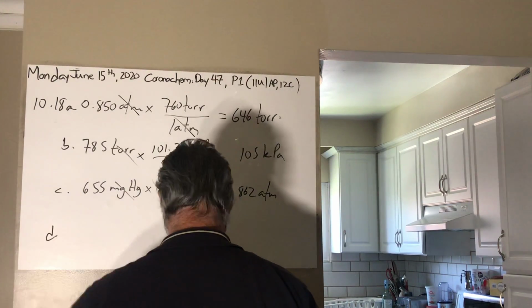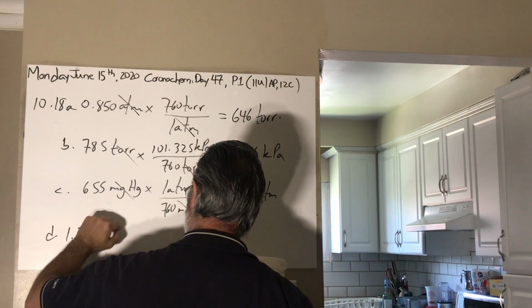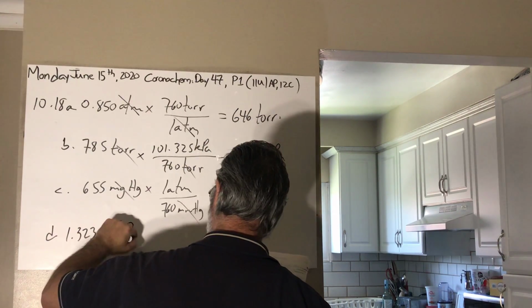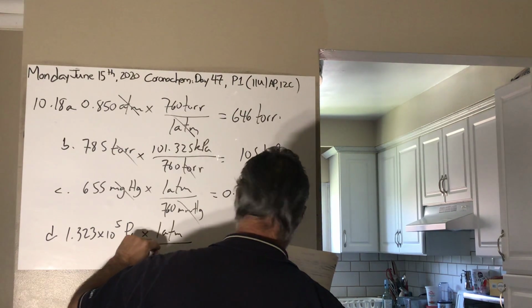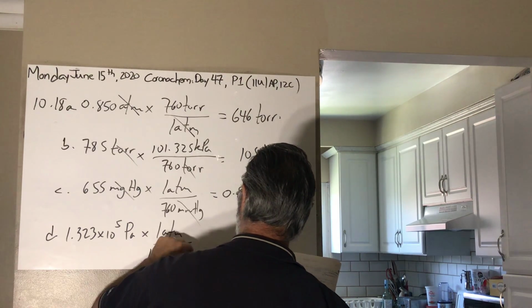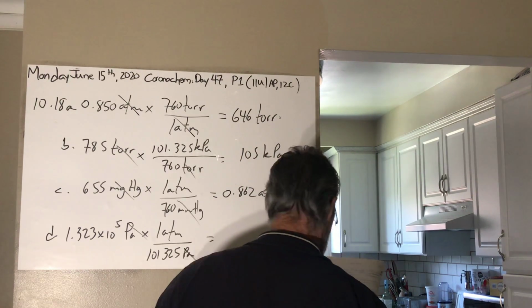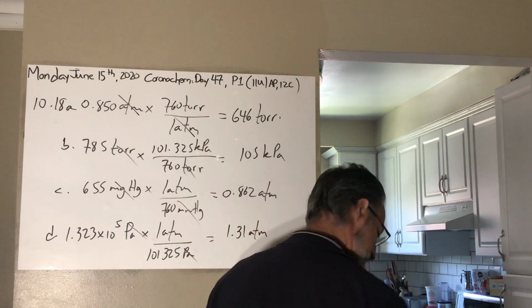D, you have 1.323 times 10 to the power of 5 pascals, and you want to convert it into atmospheres. There's 1 atmosphere for every 101,325 pascals. Pascals cancel, and you get an answer of 1.31 atmospheres after sig figs.